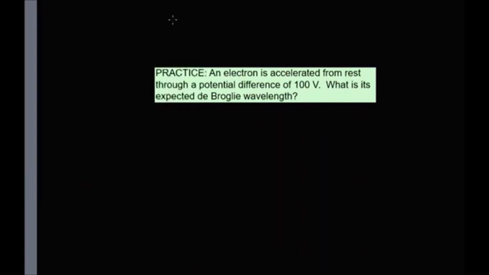Okay, so we have the wavelength equals h over p, which is h over mv. So this is the one that we're going to use because we know the mass of the electron, and we're given the energy, so we can figure out its velocity. Okay, so how do we do that?